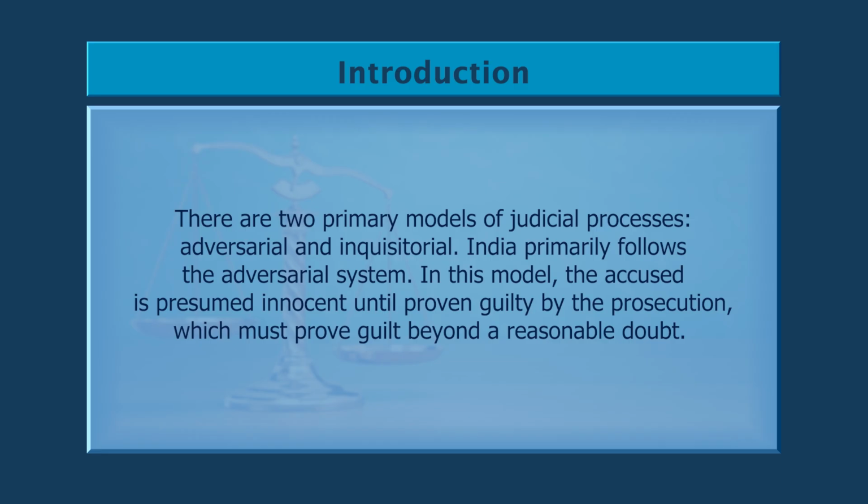In this model, the accused is presumed innocent until proven guilty by the prosecution, which must prove guilt beyond a reasonable doubt. This principle of presumption of innocence is a cornerstone of the adversarial system. The judge in such a system typically adopts a passive, non-interventionist role, overseeing the trial but not actively investigating the case.